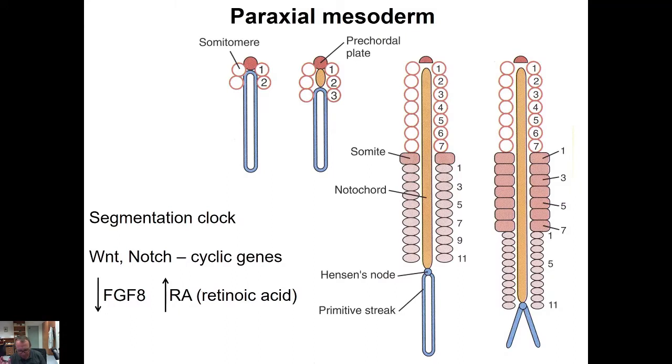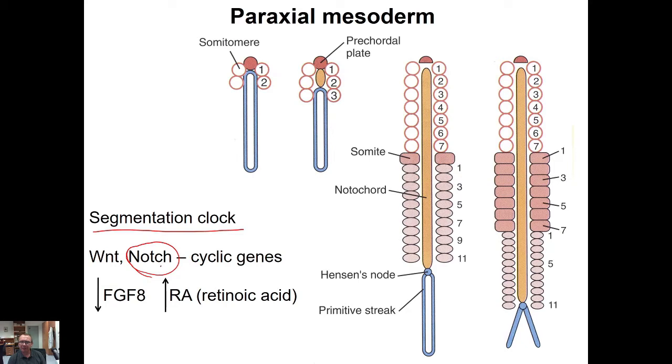Why is it segmented? It is segmented because there exists a so-called segmentation clock. The segmentation clock is a molecular mechanism where mainly the notch gene is important. You already know notch as a surface receptor, important for lateral inhibition, but notch is also important as a cyclic gene.